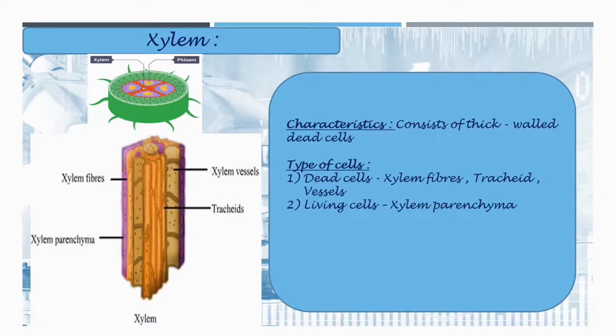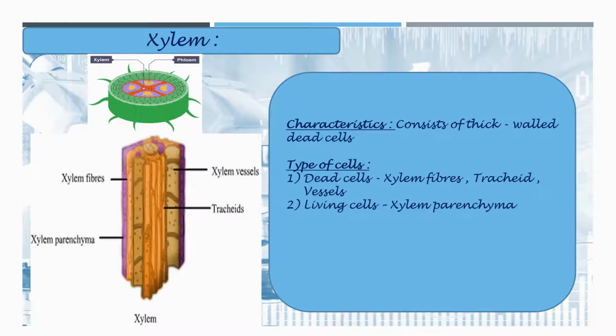Then xylem fibers are also dead cells with lignified walls and a central lumen. Xylem fiber is involved in water transportation and providing mechanical support. And about xylem parenchyma, it is the only living cells of xylem and stores starch and fat.